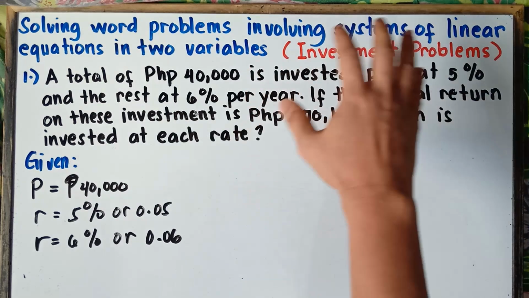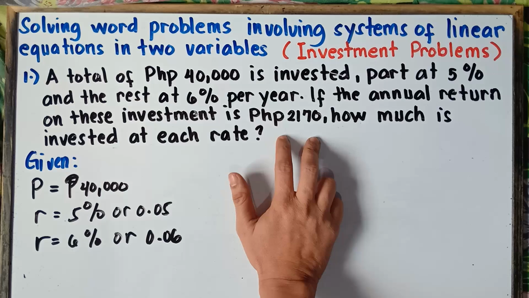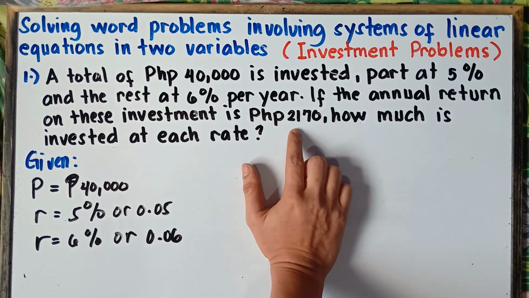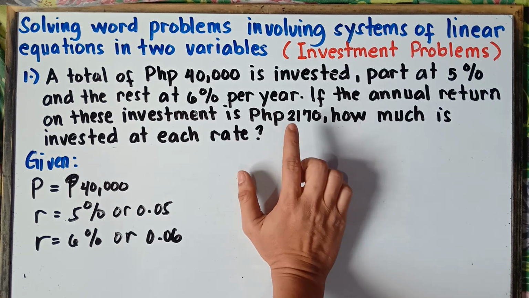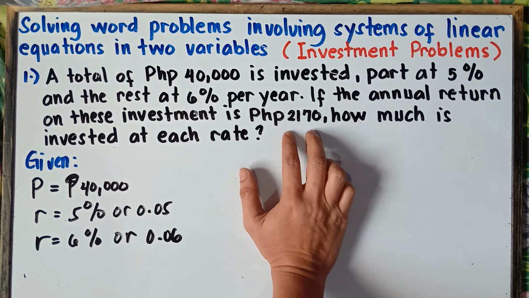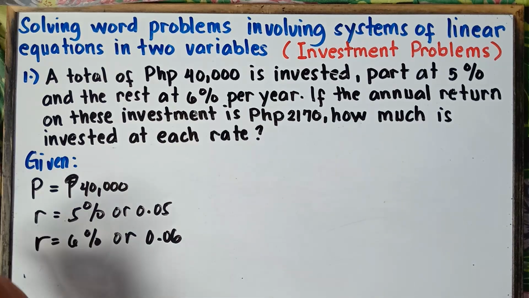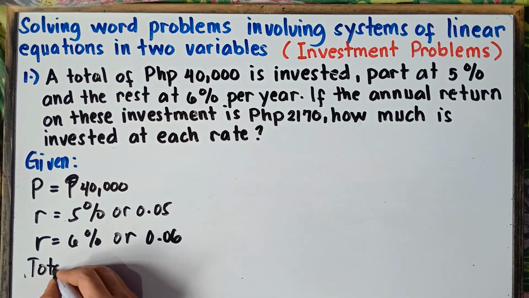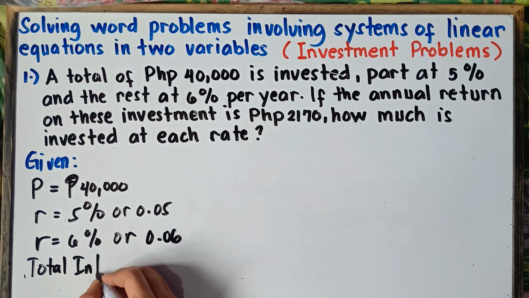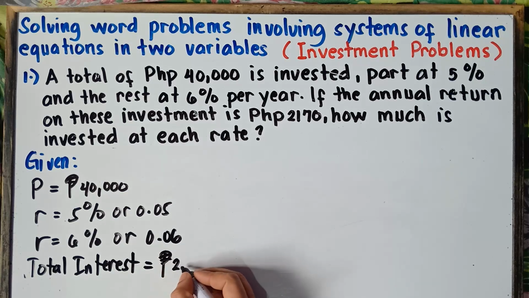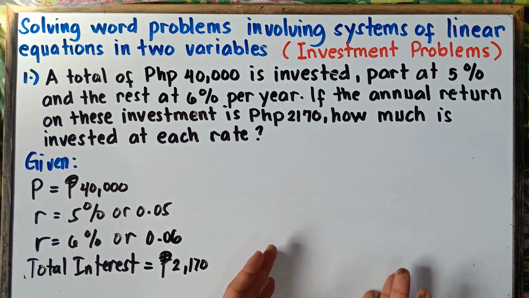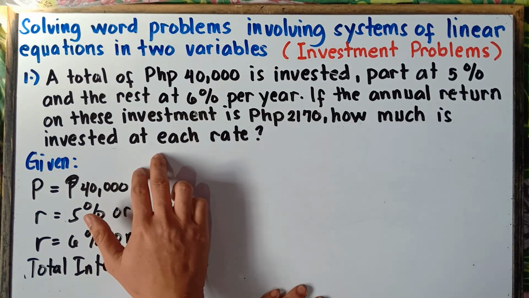So the total interest in 1 year, that would be 2,170 pesos. So we can write that one: total interest is equal to 2,170 pesos.